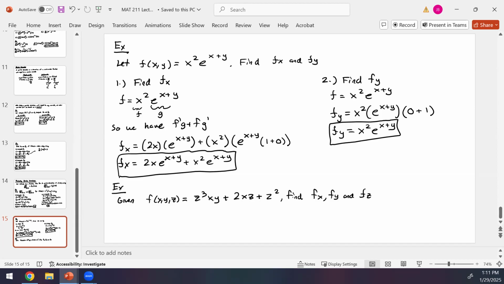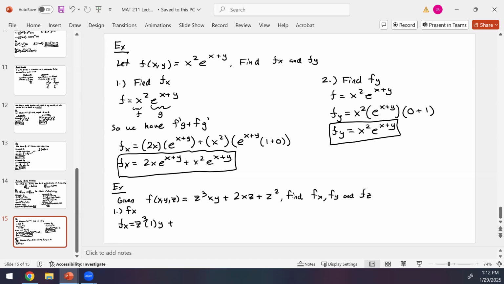And so we're going to do fx first. All we look for is x, right? If there is an x, I take the derivative. If there's no x, it's 0. So the first one does have an x, right? So fx is equal to z cubed, it's just a number. X becomes 1, and then y is a number, so leave it alone.